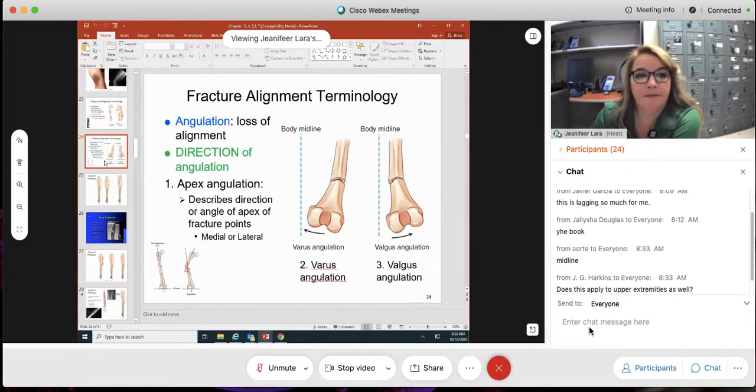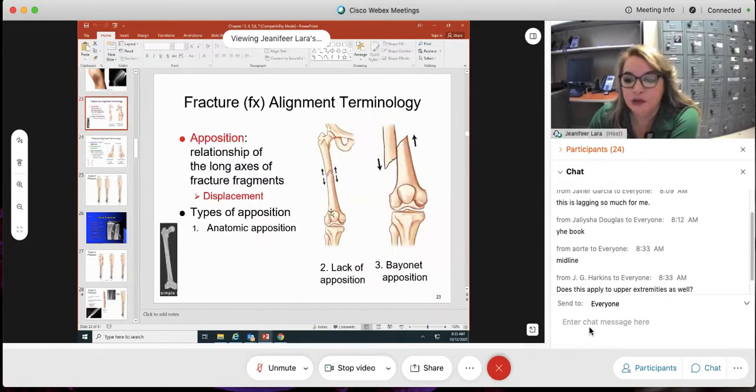Recapping. We talked about apposition. If we have a fracture, we have two fractured ends, but they have stayed in alignment. That is called an anatomic position, meaning that they did not get out of what was anatomically there before.